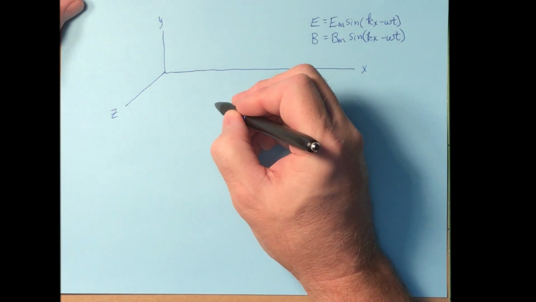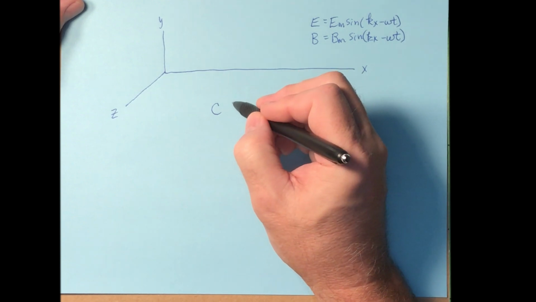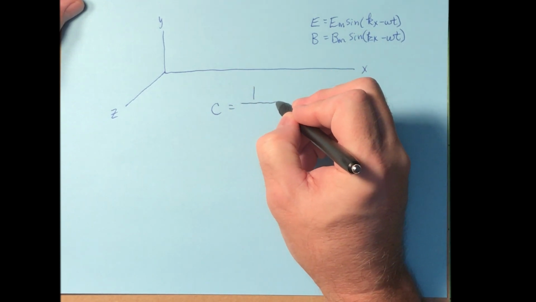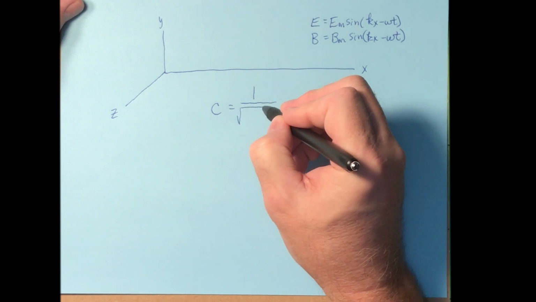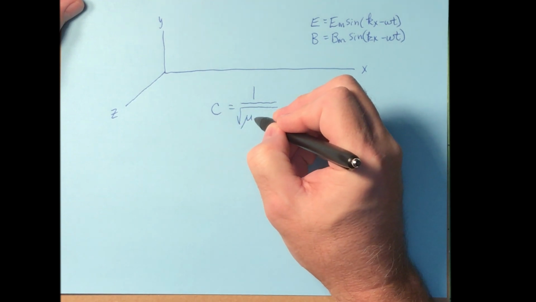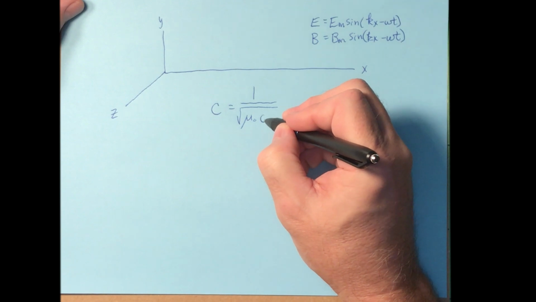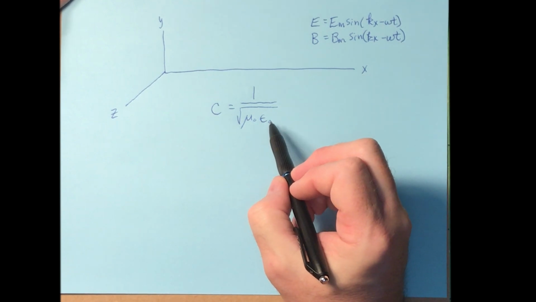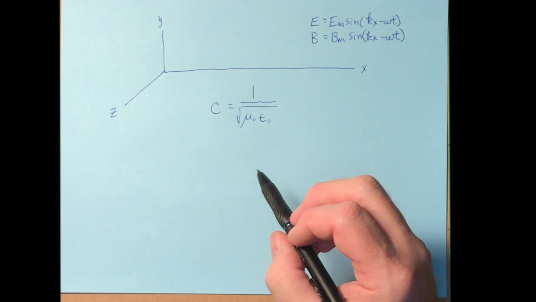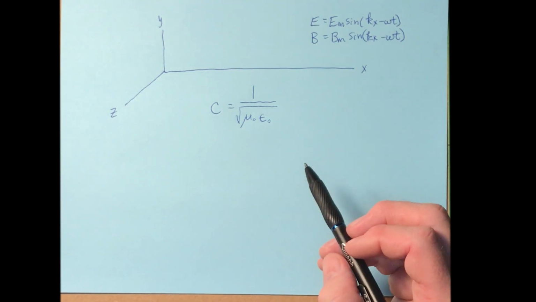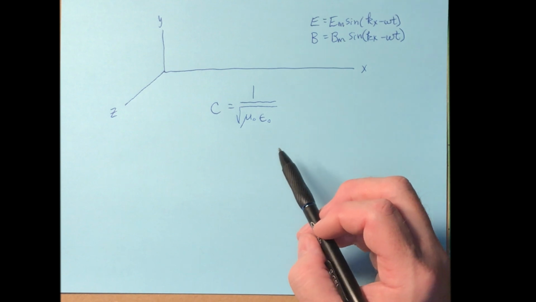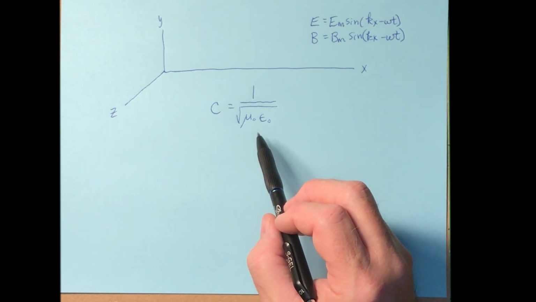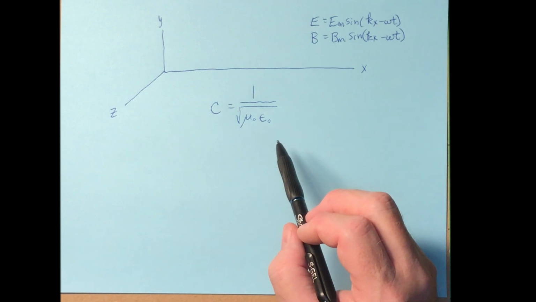In the end, it is discovered that c, the speed of light in the vacuum, is equal to 1 over the square root of mu naught epsilon naught. Remember these naughts here; we called those the permeability of free space and the permittivity of free space. This gives the speed of light in free space, which is just another word for vacuum.